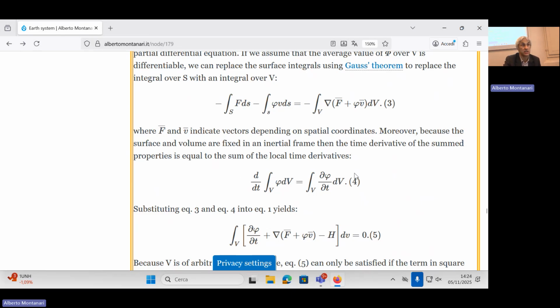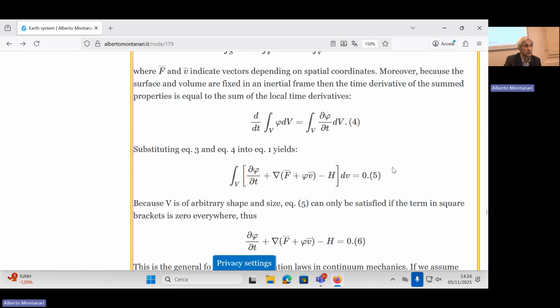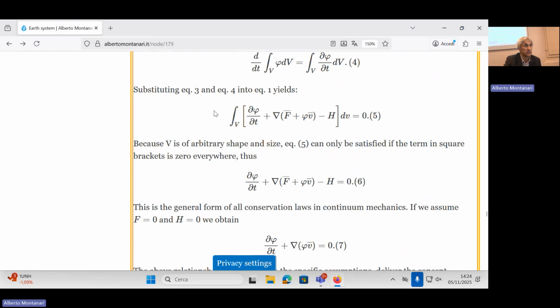Okay, and this is independent. 4 is independent of 3, but we can plug 4 and 3 into the first equation, which now we can express in this way. And this is the V. Now I'm taking note of all the questions and I'm correcting. Okay, this is a dV, a capital V, not the lowercase. Okay, and this is just by plugging in.